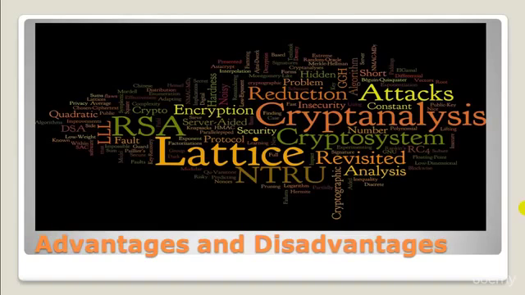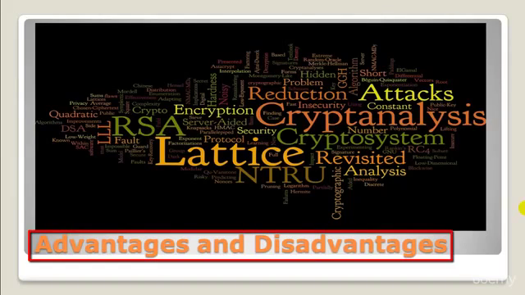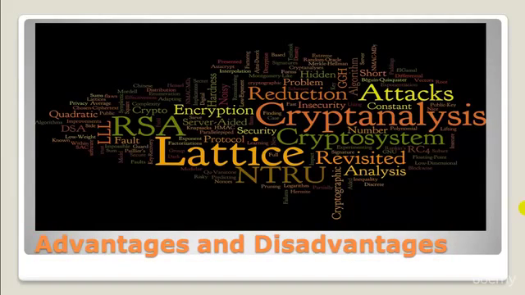Finally, we come to the advantages and disadvantages of cryptography. Even though public key cryptography is the accepted standard, it's not foolproof. For this reason, it has not completely replaced symmetric cryptography. So there are some advantages and disadvantages.